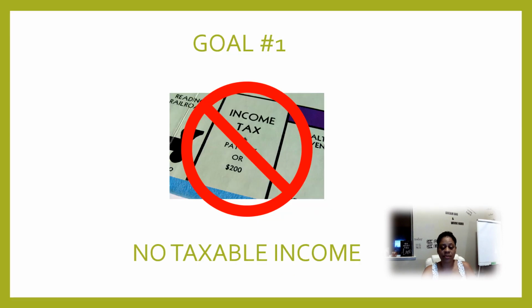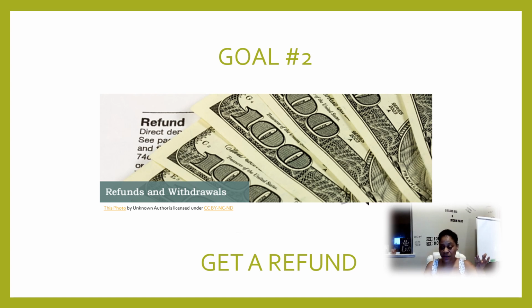That is goal number one, is to reduce our income to zero so we have no taxable income. So for the head of household filer, we've reached goal number one. We brought their income down to no taxable income, meaning they have no tax on their income, no tax to pay. So goal number two is to get a refund.